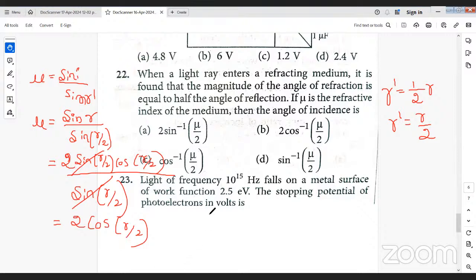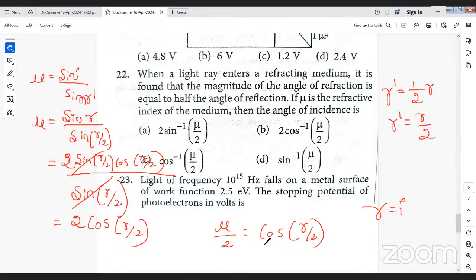Or else we can also write it as, that is, mu divided by 2 is equal to cos of R by 2. What we require? We require the angle of incidence. So we just require I value. So then R is equal to I, because we know R is equal to I. Okay, students.